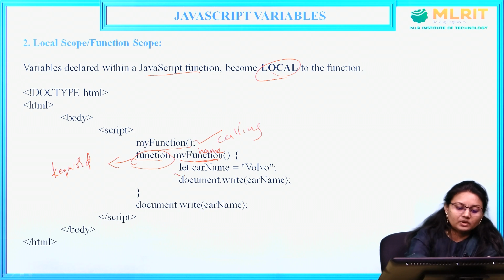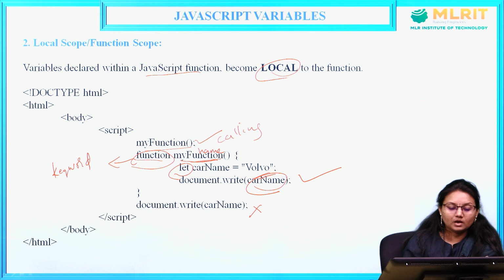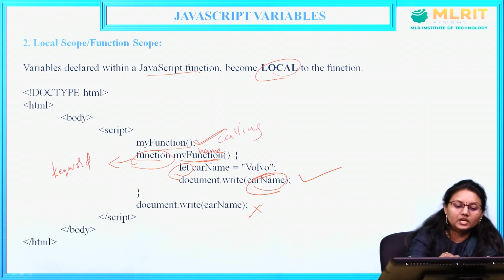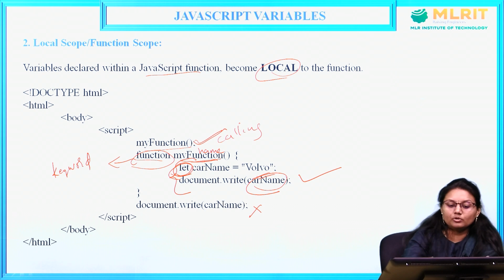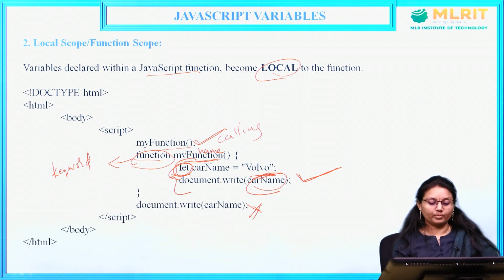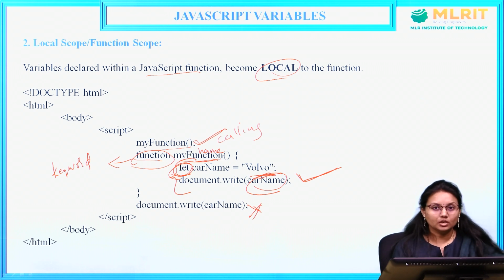So let us use let again. This will not work, this will work. What is the output? Volvo will be the output when you call this function. Since you are using let here, only this line will get printed. This will not be printed because that is out of the scope. That is also called local scope.